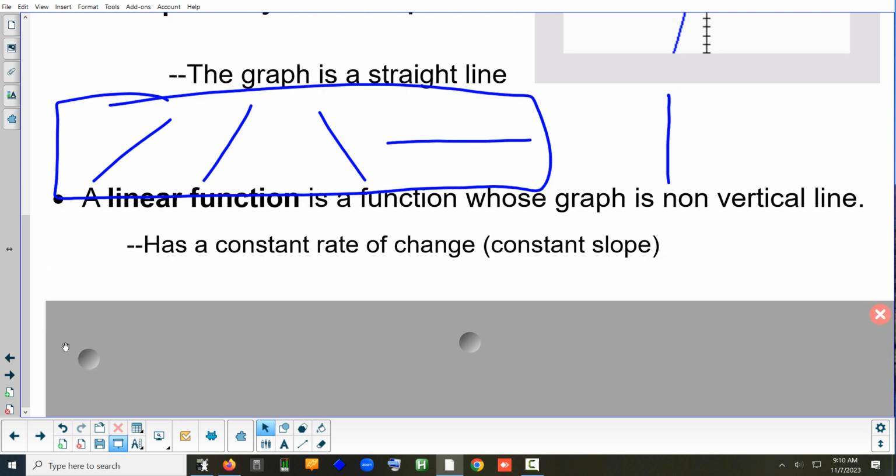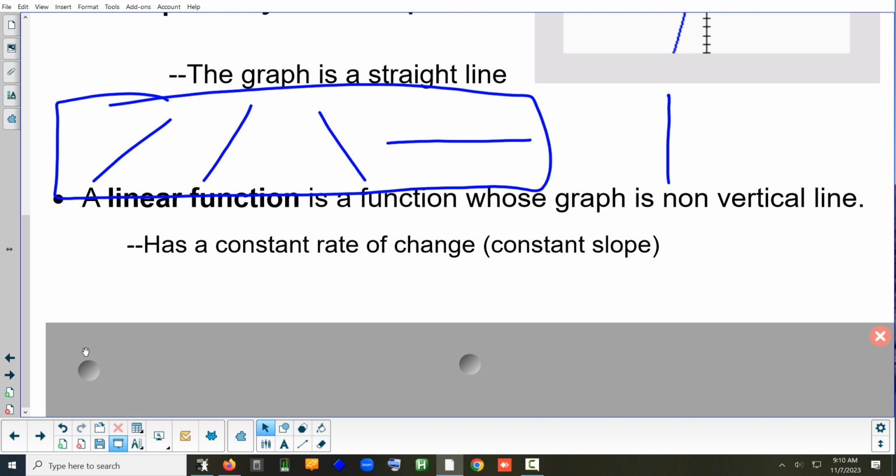Okay. So right below where you wrote a linear function, we have the double dash again. You can put has a constant rate of change. What that means is a constant slope. Let's draw this line like this. If you stand here and someone else is standing here, how would the steepness compare from where you're standing to where your friend is standing?